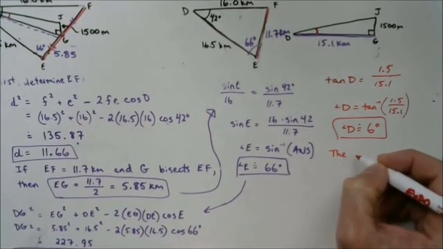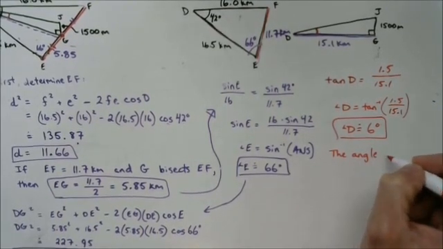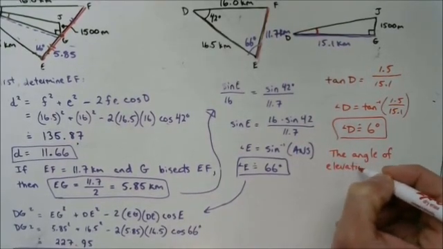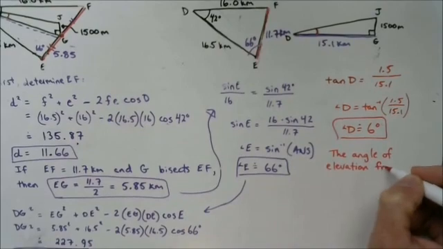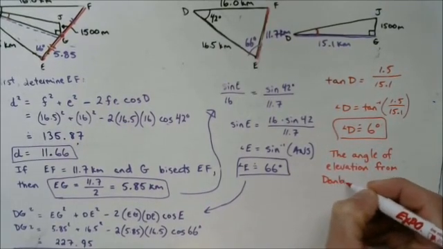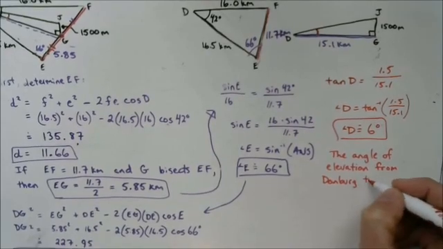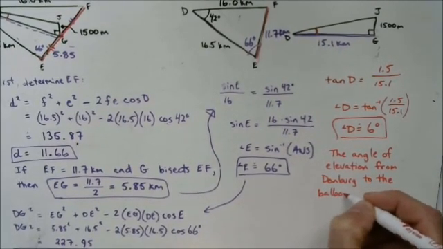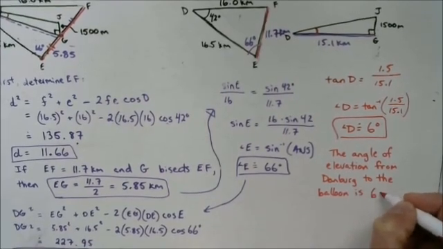The angle of elevation from Danberg to the balloon is 6 degrees.